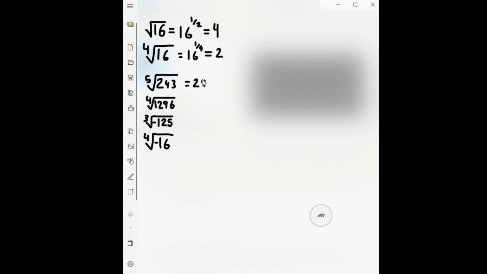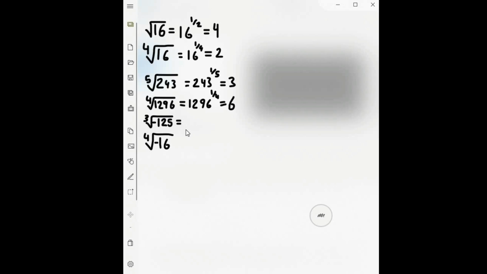So for the fourth root of 16, it's going to be 2 to the power of 4 equals 16. And again, for the fifth root of 243, we have the same sort of solution. At this point, it becomes fairly obvious what we're doing.